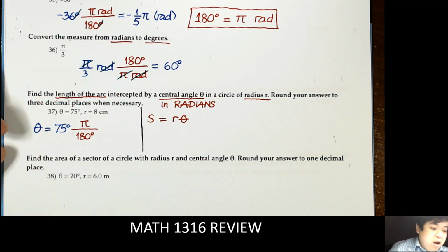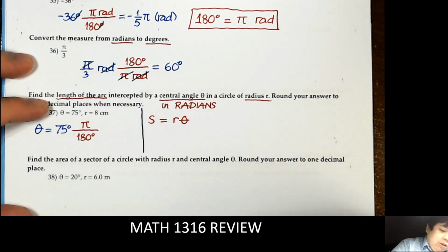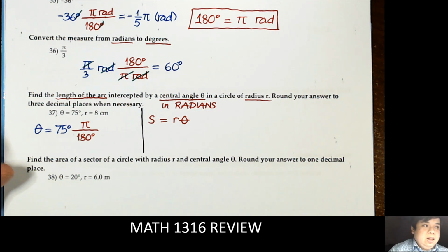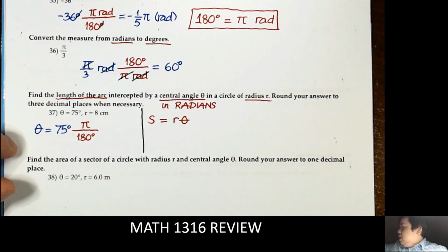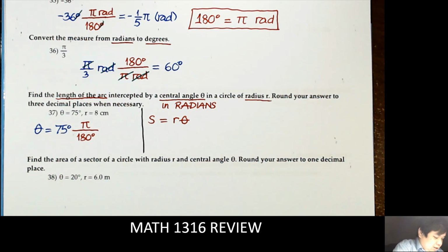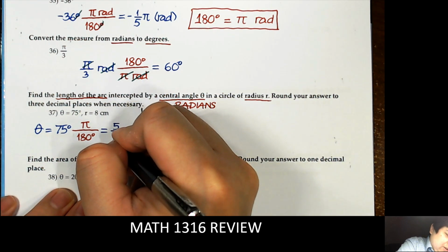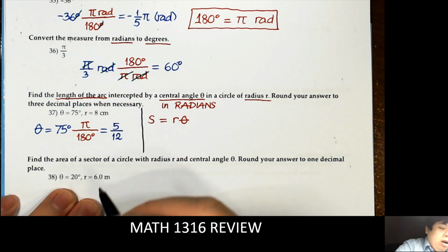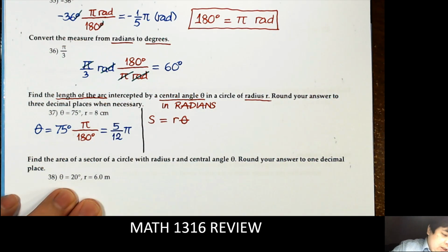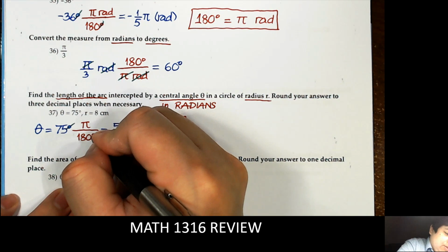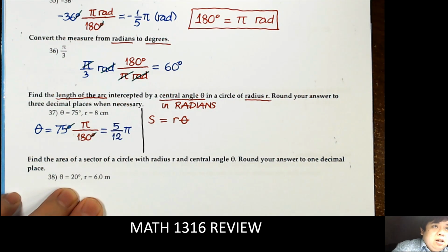Radian or not, it doesn't matter. 75 divided by 180, let me use the calculator. That's 5 over 12. And then there's a pi still. The degrees cancel out. So that is 5 pi over 12.